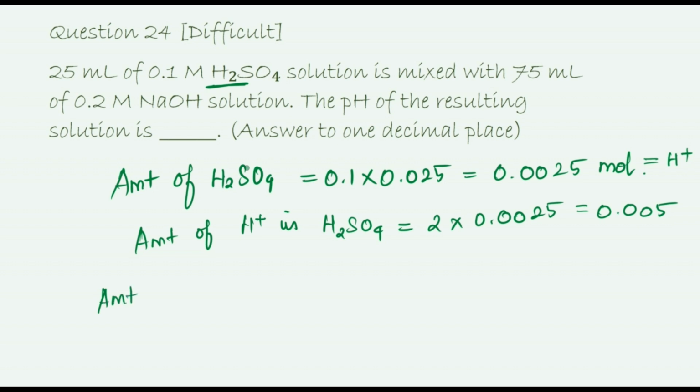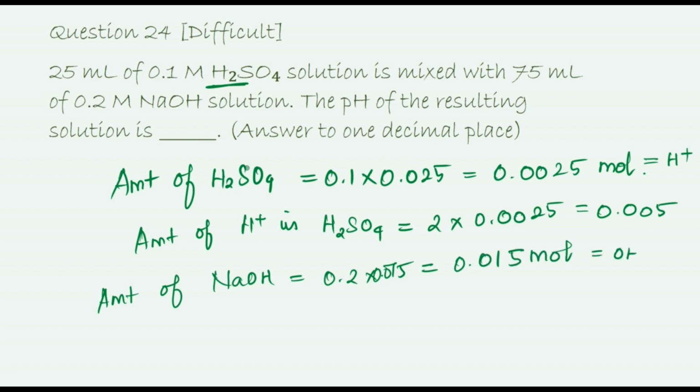Similarly, you have to find it for NaOH. Then 0.2 into 75 ml, that is 0.075, which becomes 0.015 moles, which is equal to our OH minus count. Here we have only one OH, so you need not multiply with anything.